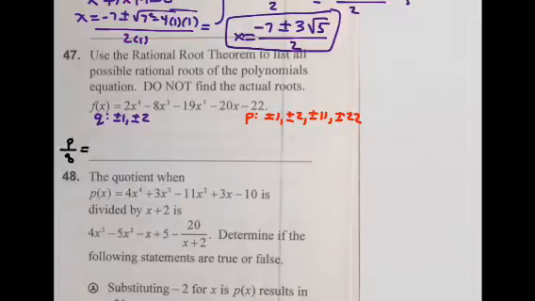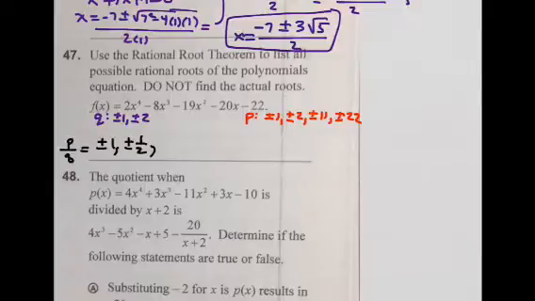Alright, for 47, they don't want you to solve, just to list all the possible rational zeros. The p-values are plus or minus 1, 2, 11, and 22. The q-values are plus or minus 1 and 2. We're going to take all of these numbers over these numbers and simplify whenever possible. I'll start with 1: plus or minus 1 over 1, then plus or minus 1 over 2.